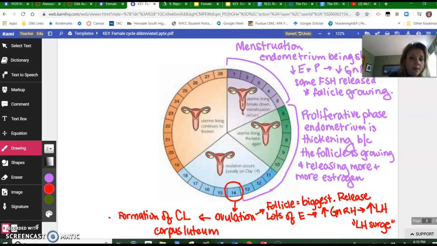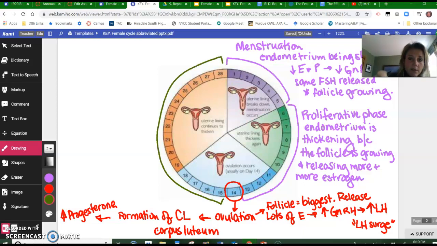And the corpus luteum is going to secrete progesterone. Now, progesterone is going to perform the function of maintaining the endometrium.